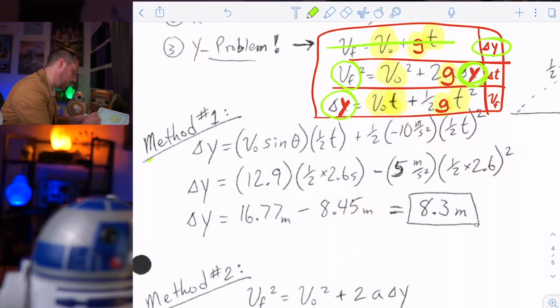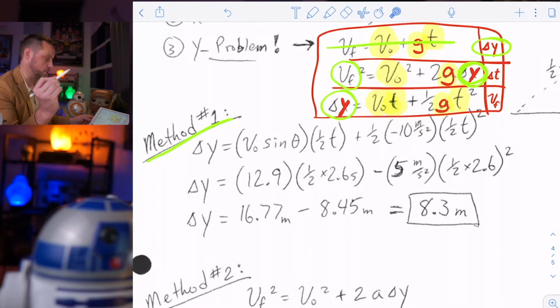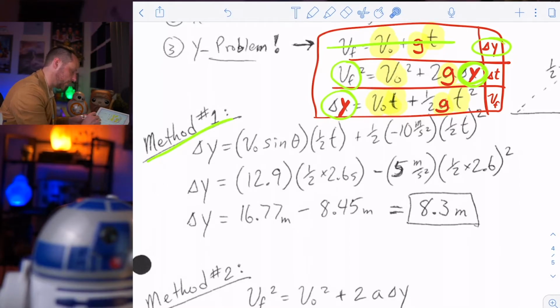So method number one is where I'm going to take my equation here and start plugging things in. So I'm going to have my delta y. I leave that as a variable. I don't know it. My initial velocity is going to be my vertical initial velocity. So vertical initial velocity is your initial velocity of your projectile times sine of your launch angle.